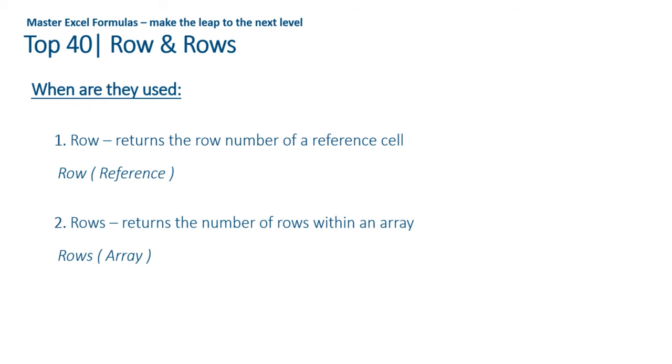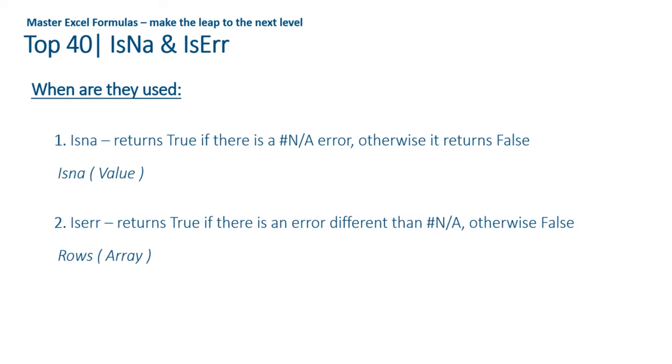So going back to the presentation now, I want to show you a few formulas that identify, let's say, errors, and based on what error is identified, they return true or false. ISNA is a formula that returns true if there is an NA error in Excel, otherwise it returns false, and all we need to do is just select the cell or a value.